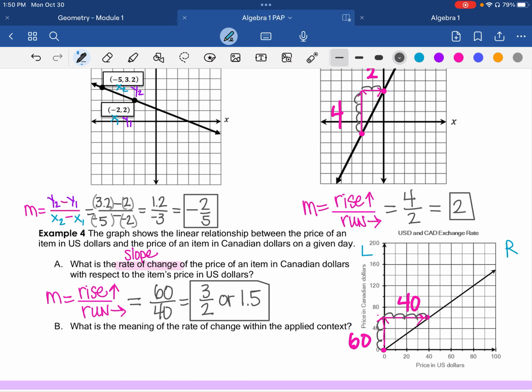Well, since we're talking about currency and we're talking about change, it means that an item would cost $1.50 Canadian per $1 US on this day.